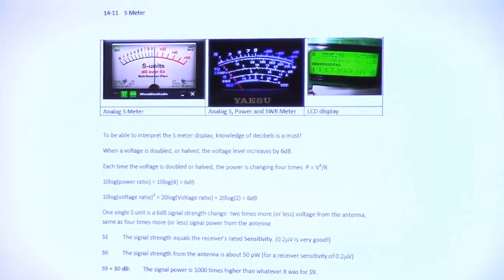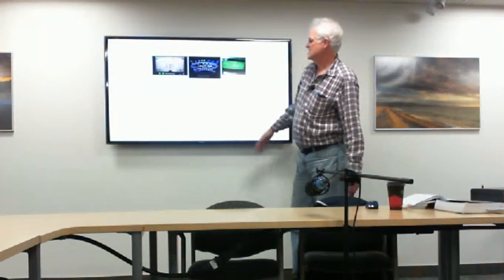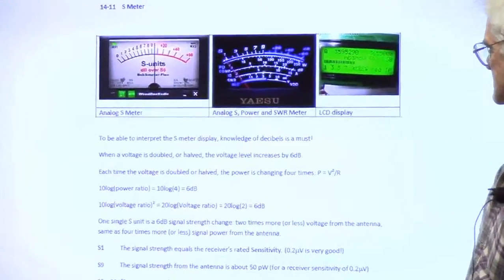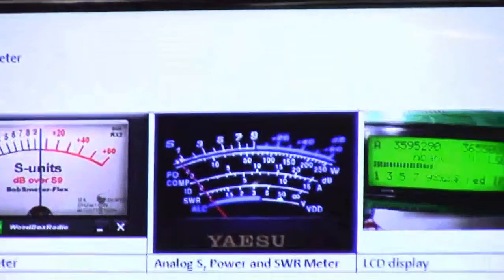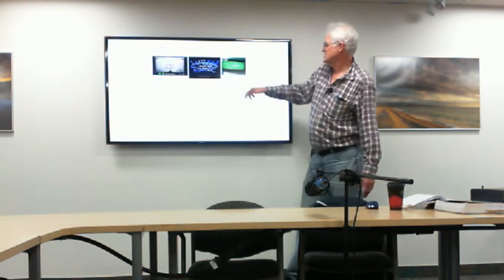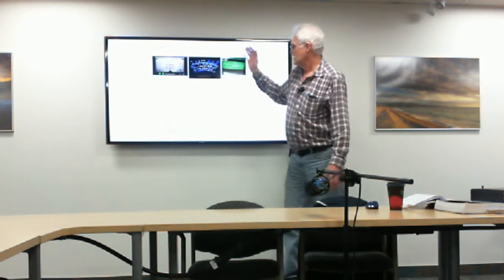And every radio basically has some sort of signal level meter. You have analog ones, you have digital ones, to give you an idea of your received signal strength.